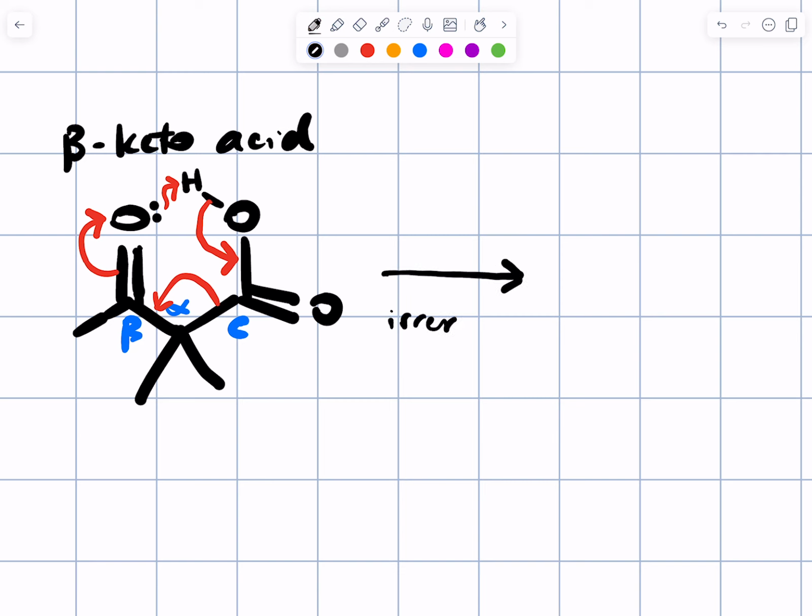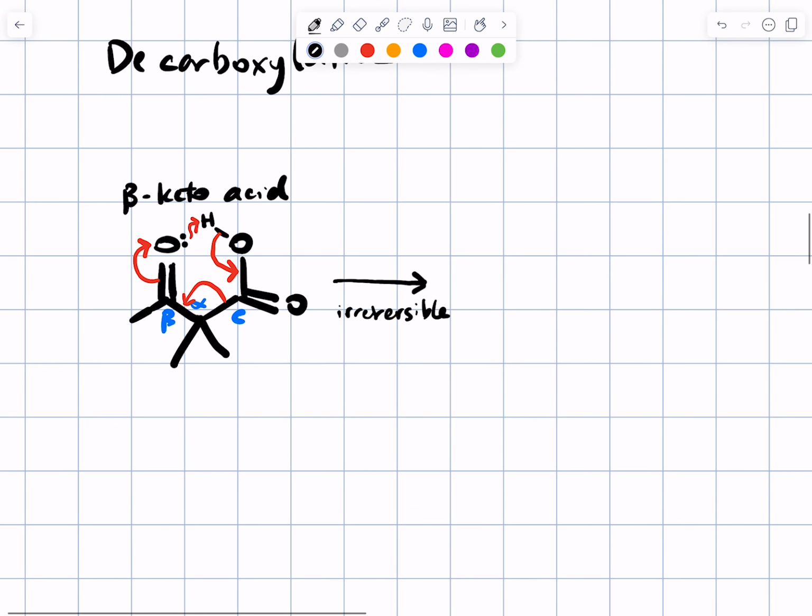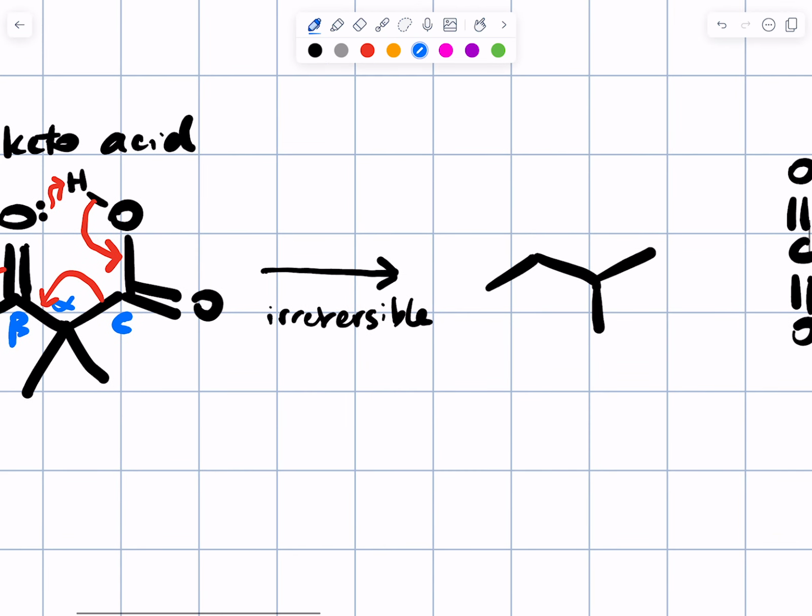And this process is irreversible because your carbonyl carbon ends up leaving as CO2, which bubbles off as a gas, and that's an irreversible process. For right now, I'm going to continue to label the carbons the way they were in our starting material.